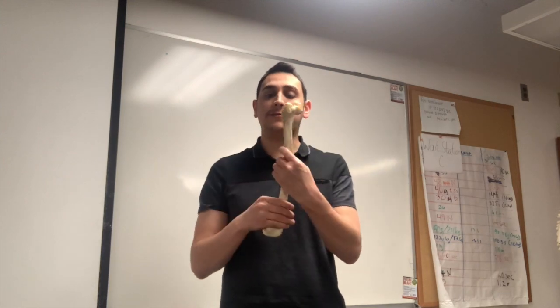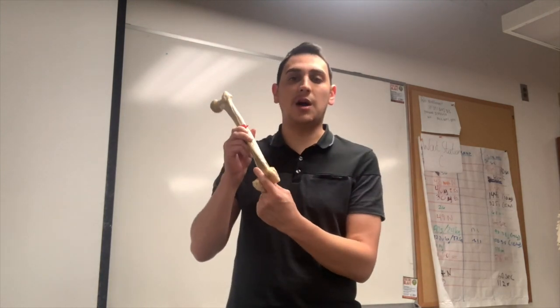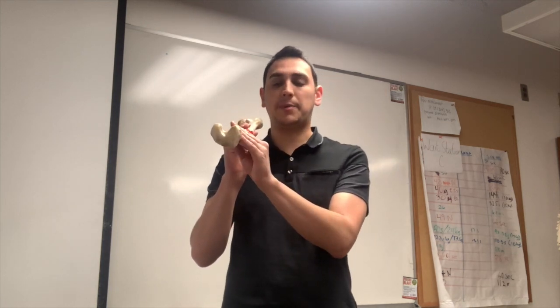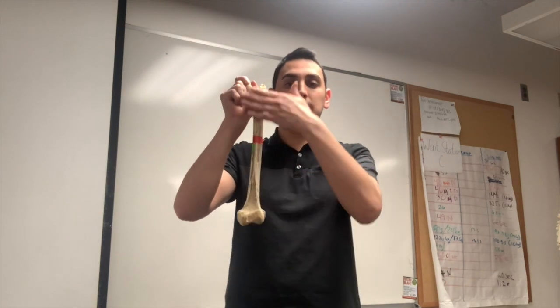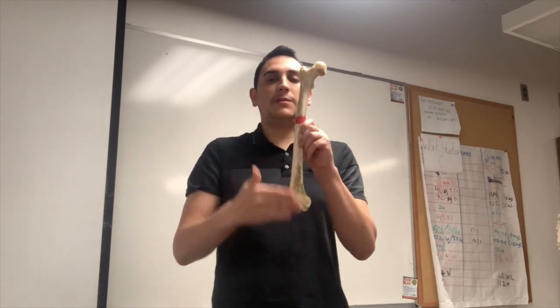Now let's take a look at the femur. For my posterior reference, I like to use the intercondylar notch because it's a pretty prominent bone feature that is easy to spot. So the intercondylar notch tells me that this is the posterior, the back side of the bone, and that this is the front side of the bone. So now I have to ask myself, does the femur go like this or like this?